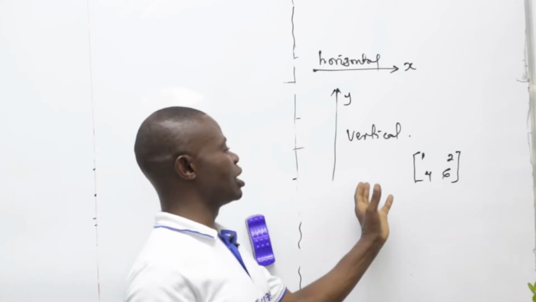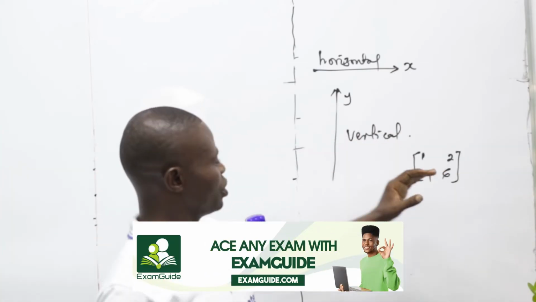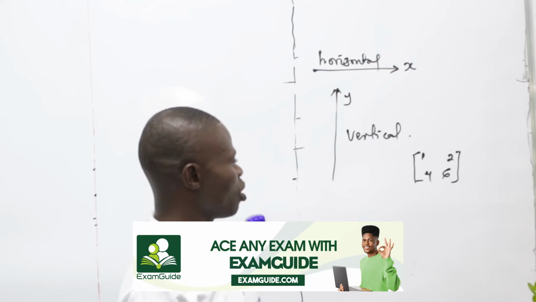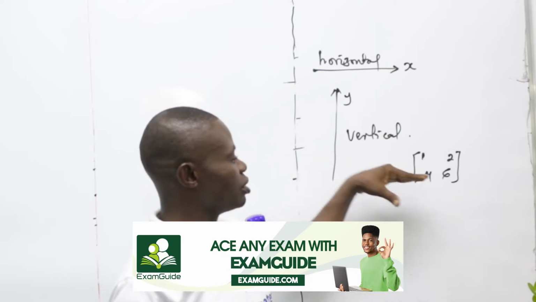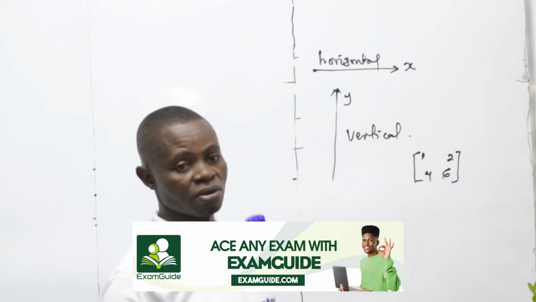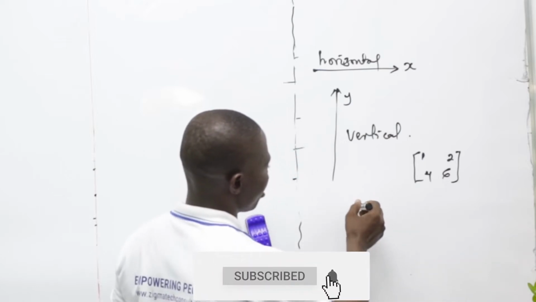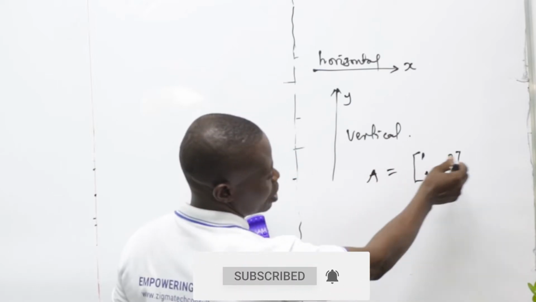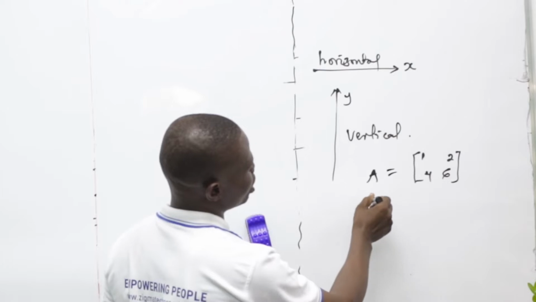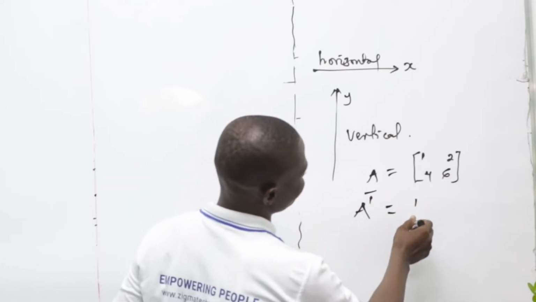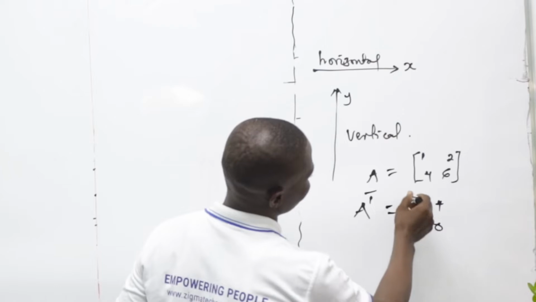Transpose is simply transforming a row into a column, or the horizontal axis into the vertical axis. That is, if I have a matrix, say A equals this, then the transpose of A, that is A power T, equals 1, 2, 4, 6.